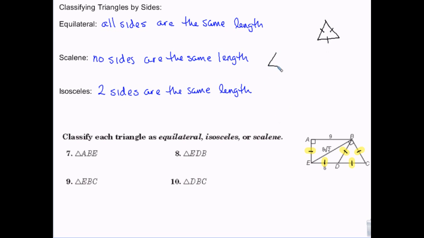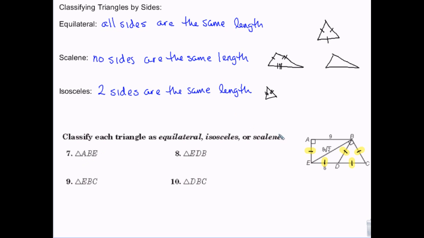If I have scalene and they're actually marked, I'd have a different number of lines to show that all three sides are different lengths, or I would have no marks at all. And then isosceles, two sides would be marked the same, either with like one line or two lines, but they'd have the same number of lines.